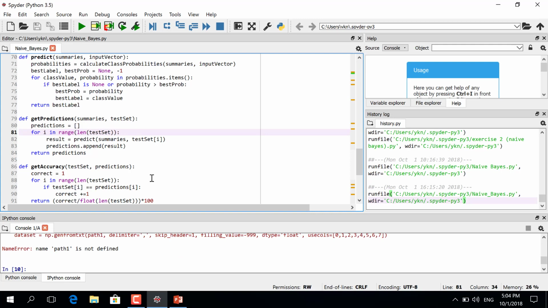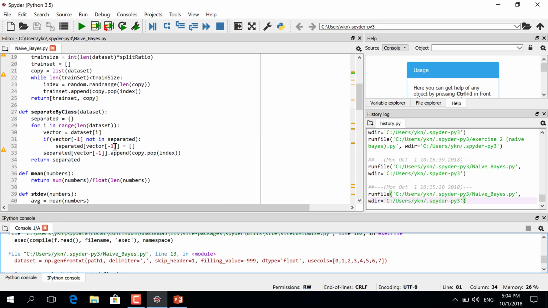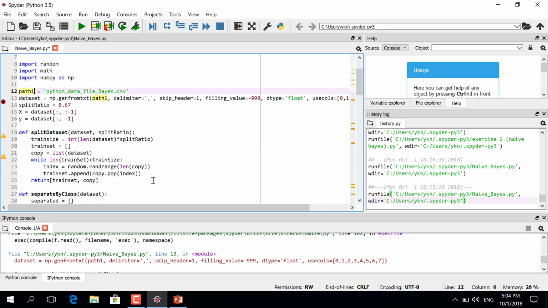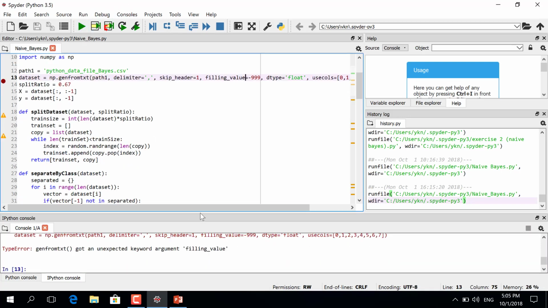Okay, that one is not defined. Which one is it? Oh yeah, I should put here pet, not instead of pet. Let's start to run this. Oh yeah, filling values, because we will have many values in the table. Split dataset is not defined.